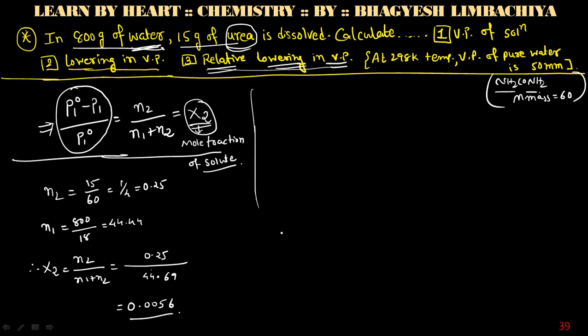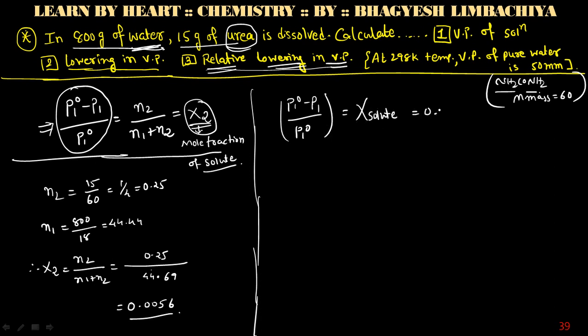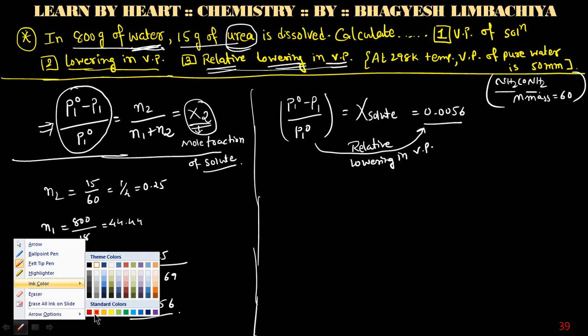So this is our X2. And here P10 minus P1 upon P10 will be the x of solute or X2, and it is 0.0056, which means this is your relative lowering in vapor pressure. This would be answer number 3.